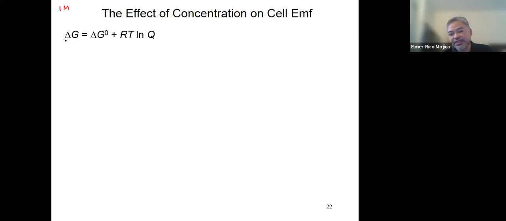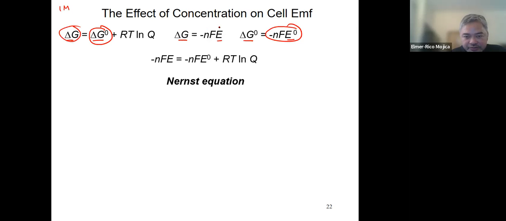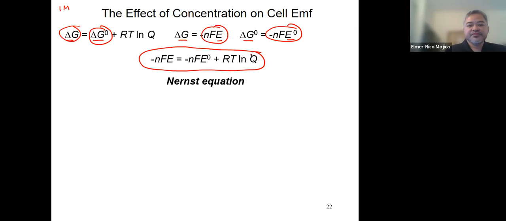The delta G now depends on the standard delta G plus RT ln Q. Look at the difference here: delta G and standard delta G. This is the standard condition, and this is a non-standard condition. Substituting this with this, and this one with this, we end up with this equation.